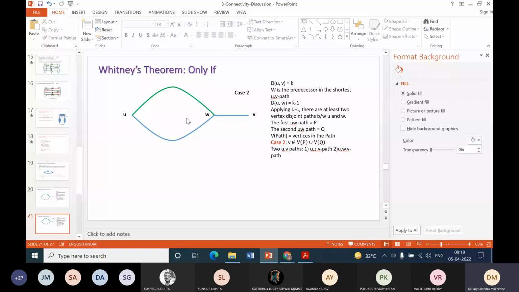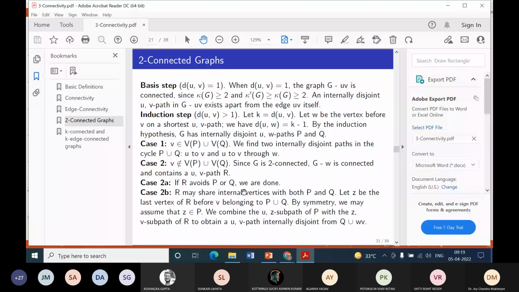Now we know, so what is given to us? We have a 2 connected graph. So that means UV के बीच, V doesn't belong to V(P) union V(Q).